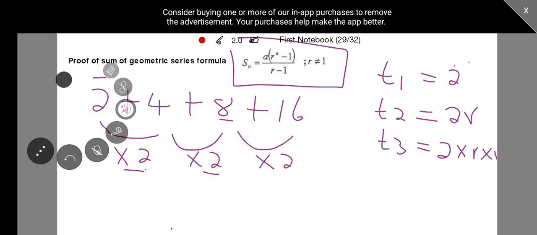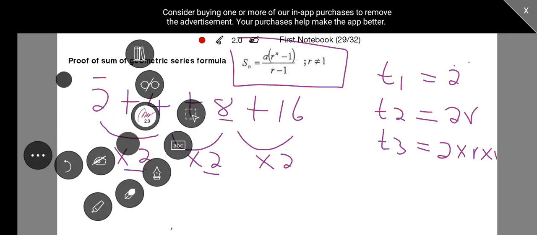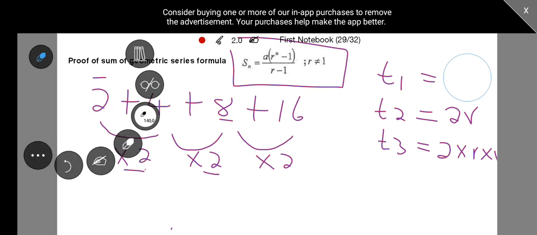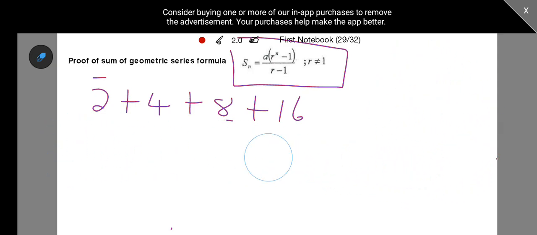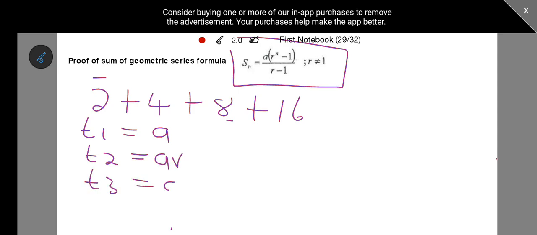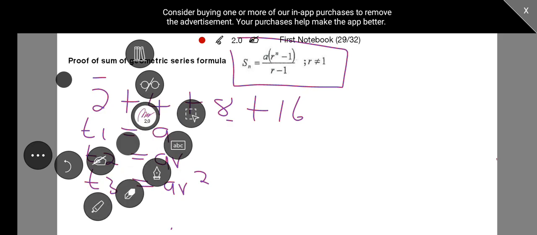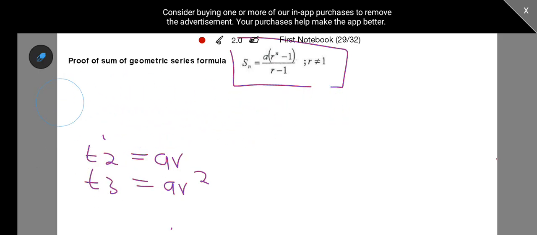What I want to illustrate here, which is very important and you must understand it when proving this formula, is that T1 is equal to a, T2 is equal to ar, T3 is equal to ar squared. I hope you understand this. This is very important so that you can prove this formula.